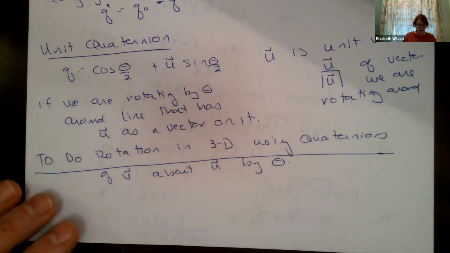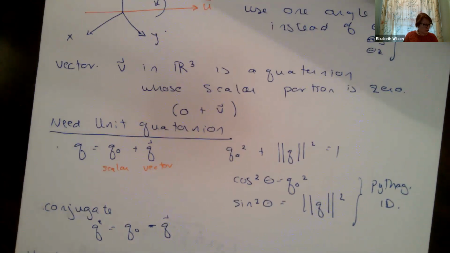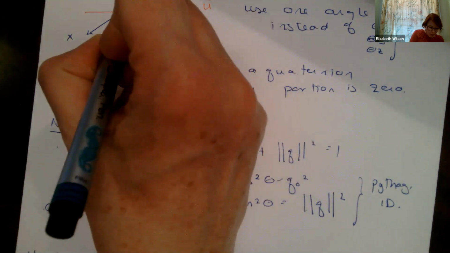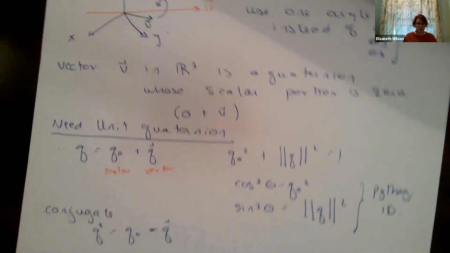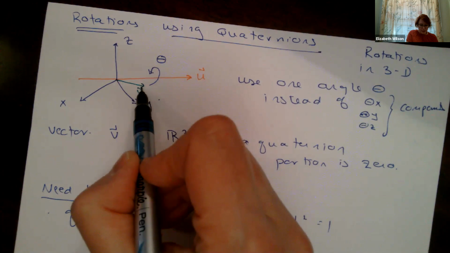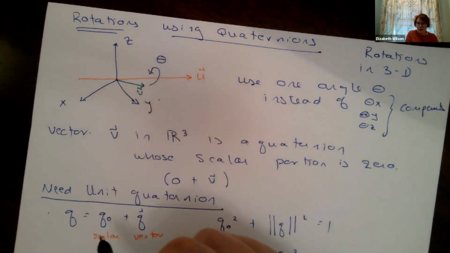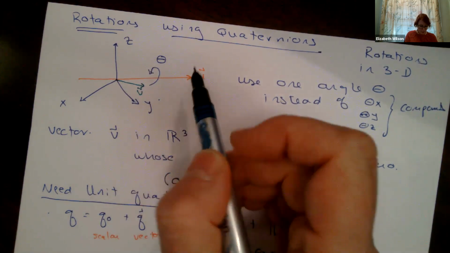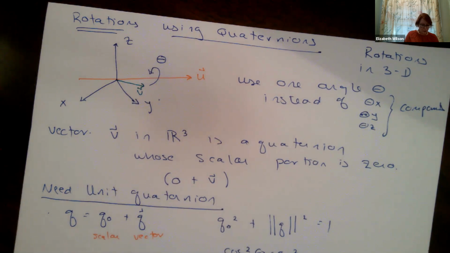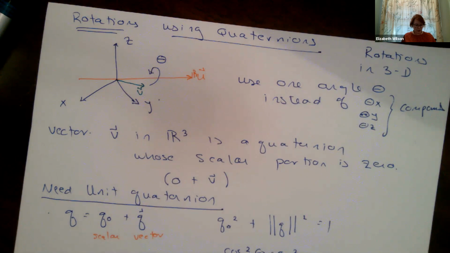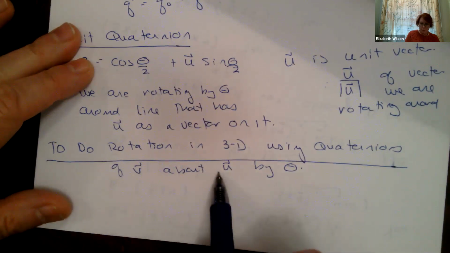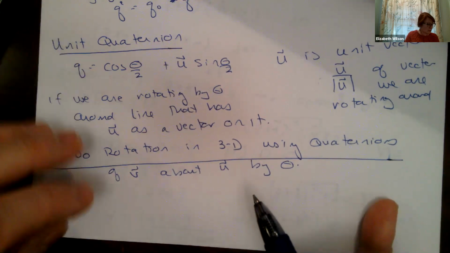Okay, so I've got my V vector here. I'm going to take V and rotate it theta degrees around this line with U on it. That's our line with our U vector on it. So to rotate V about U by theta degrees or radians, it doesn't matter.